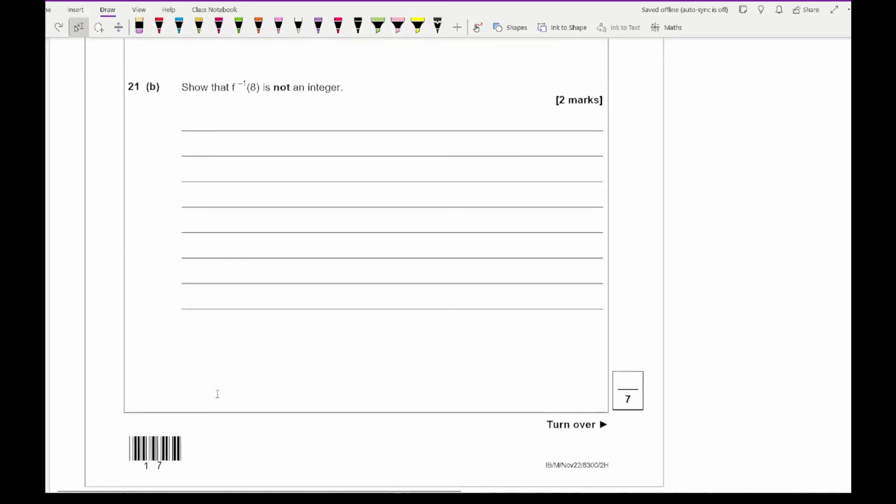Then for question 21b, it says show the inverse function of f at 8 is not an integer. So for this, if I just write down what f of x was, and that was 3x plus 9 divided by 5, well then to work out the inverse function, I make the function equal to y, and then what I then want to do is make x the subject.